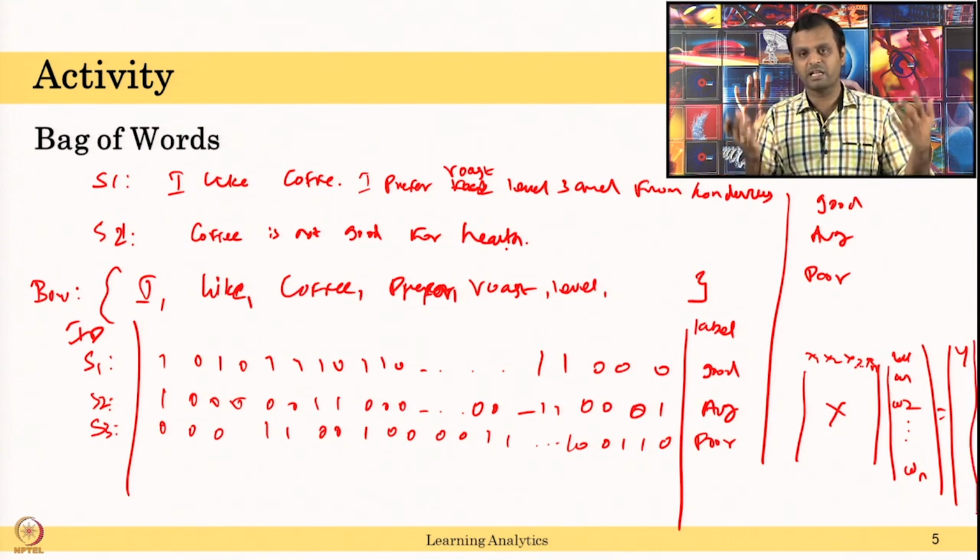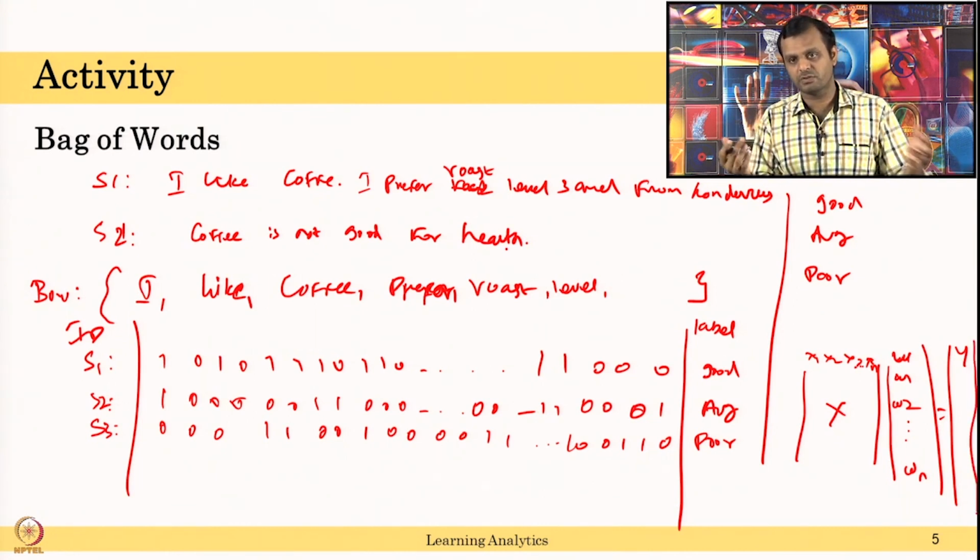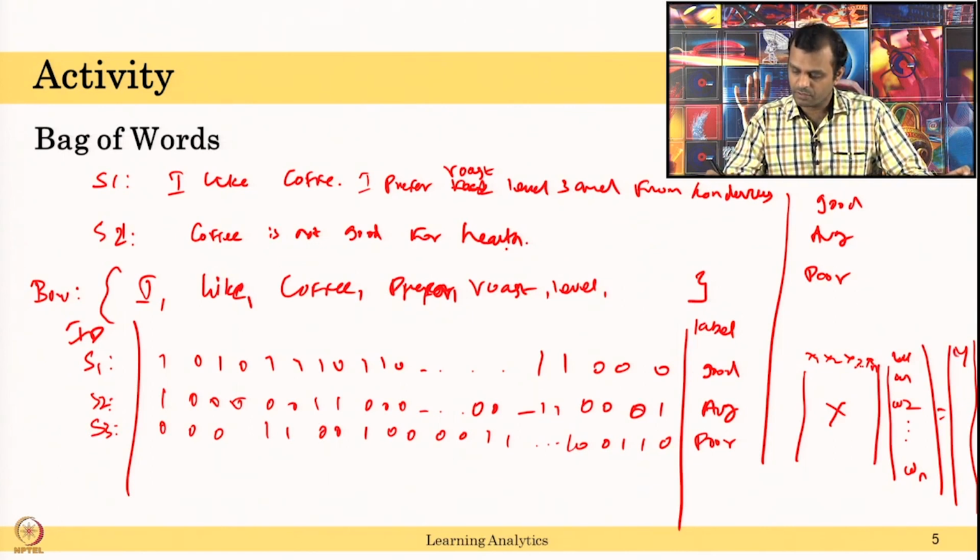The label can be binary class or multi-class, it is just y, the label.